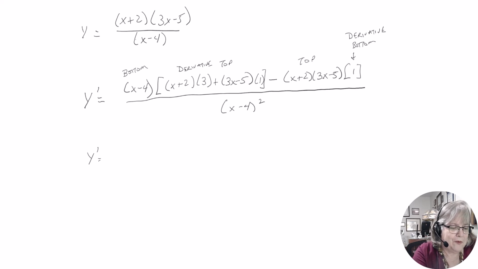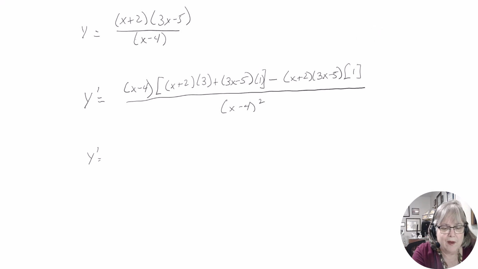Now, what's going on in here? Depending on your teacher, they may be okay if you do some minimal cleanup work in here. So this right here is 3x plus 6 plus 3x minus 5, and this over here is going to be 3x squared plus x minus 10.